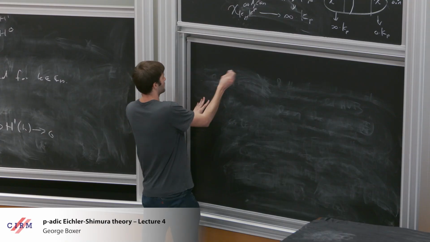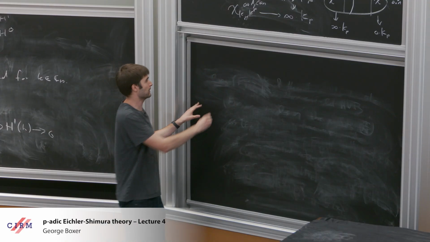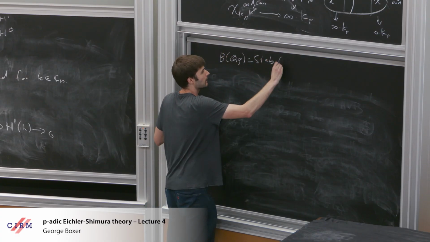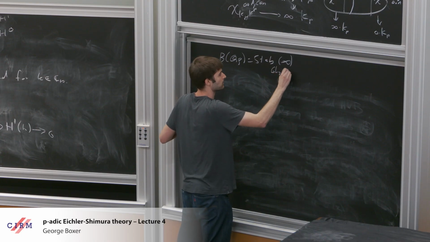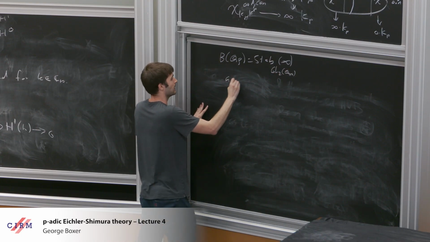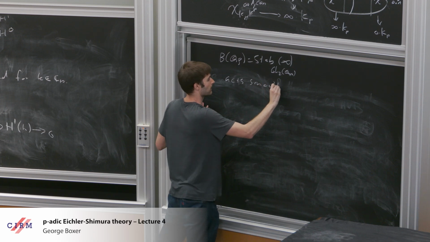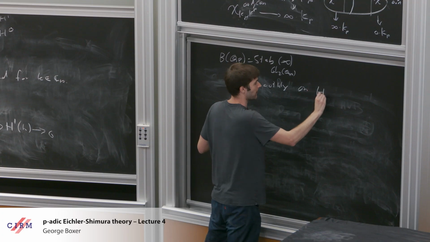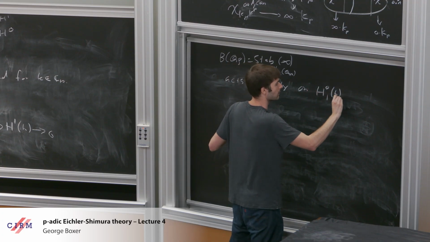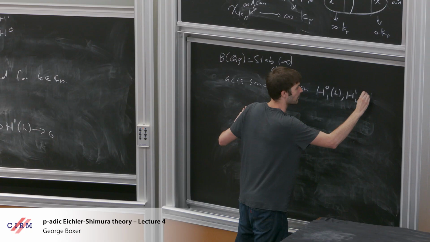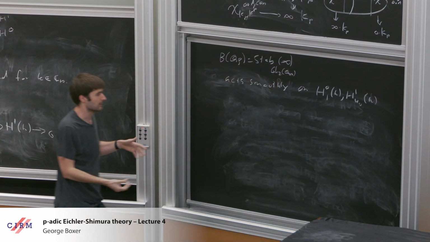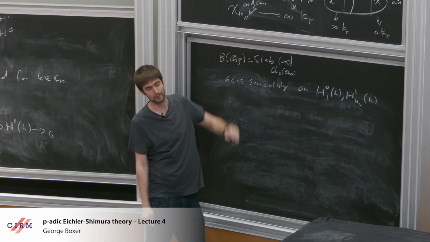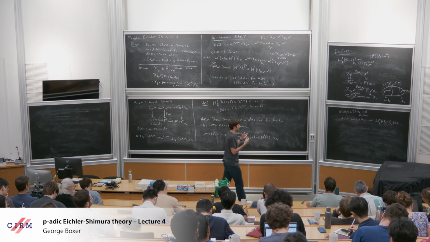So of course, GL_2(Q_p) doesn't act on these spaces, but rather B(Q_p), which is the stabilizer of infinity in GL_2(Q_p), acts smoothly on these two spaces. And there's a similar formula where you take invariants under subgroups and you get the finite level overconvergent modular forms, which I don't write.